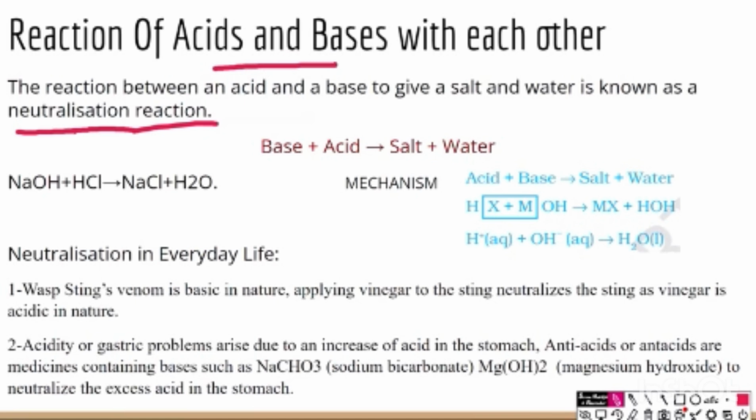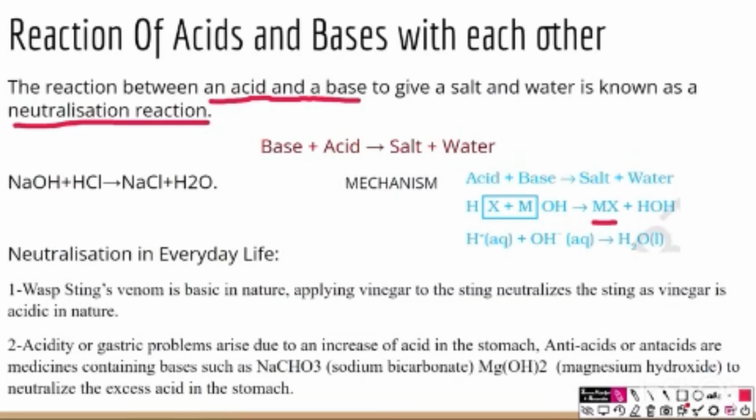So a neutralization is a reaction between an acid and a base, which gives us salt and water. So what has basically happened? We have an acid and a base. Acid has H positive ions and the base has OH negative ions. This is definite. Except for this, we have some remaining components. These remaining components join together to form the salt.